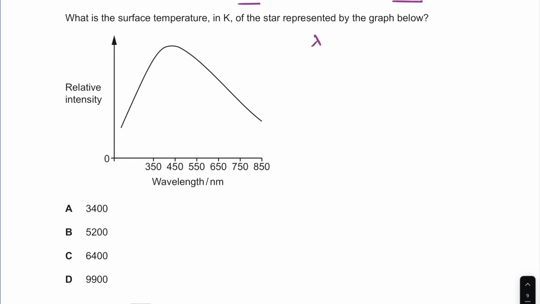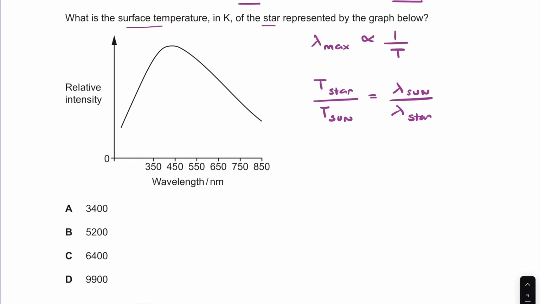We know lambda max is proportional to 1 over T, which is the temperature in kelvins. So in order to work out the surface temperature of the star, we use ratios, and we can say that T of star over T of Sun is equal to lambda of the Sun over lambda of the star. We need to work out the peak wavelength.